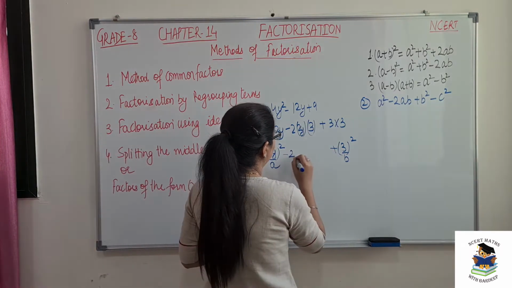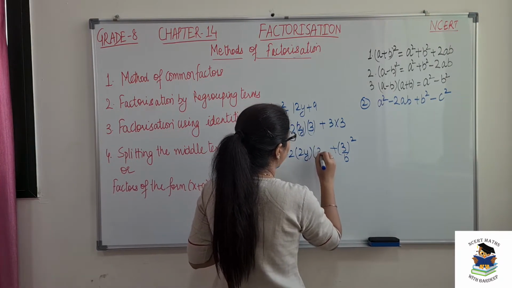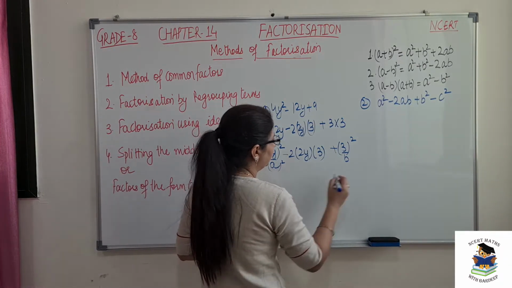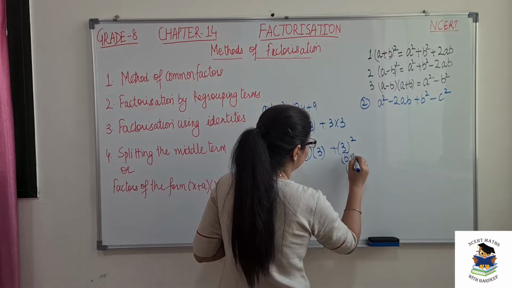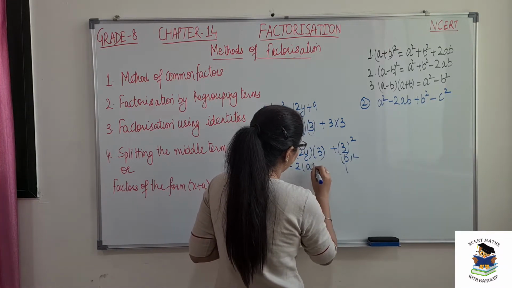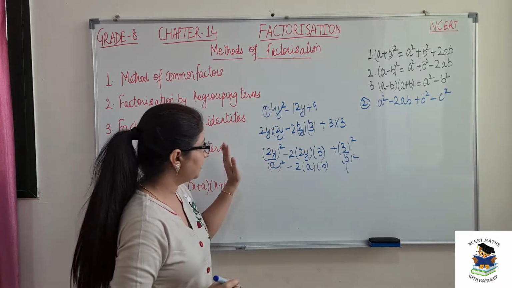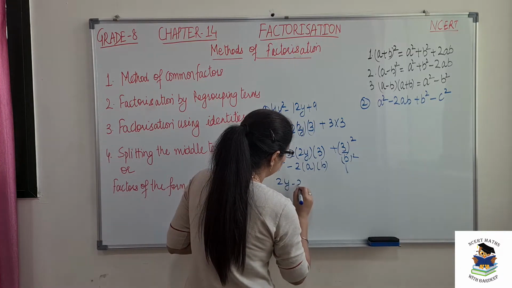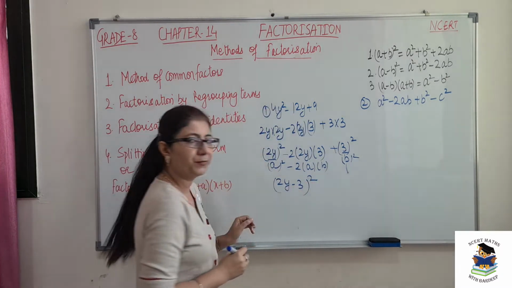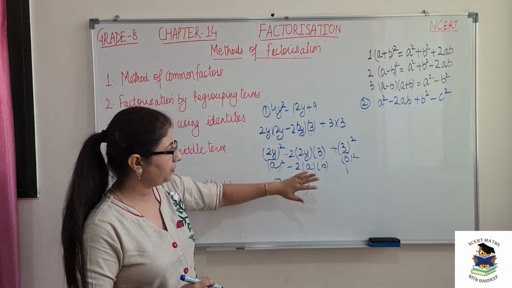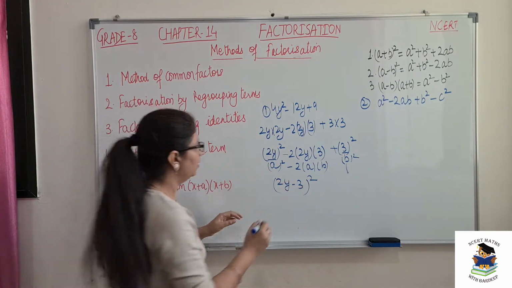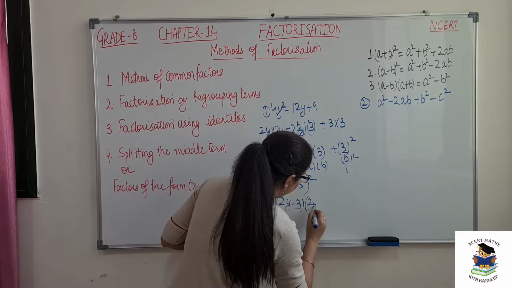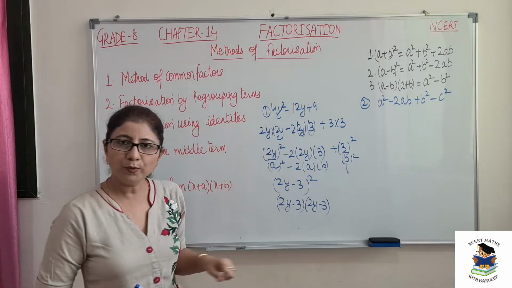Here I write again, that is 2 times 2y into 3. So this is a square, this is b square, and this is 2 times ab. So that means this complete expression can be written in the form (a minus b) whole square. Whole square means this term is being multiplied by itself. So the factors of this example are (2y minus 3) into (2y minus 3).